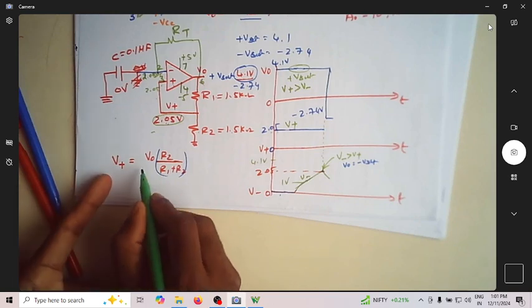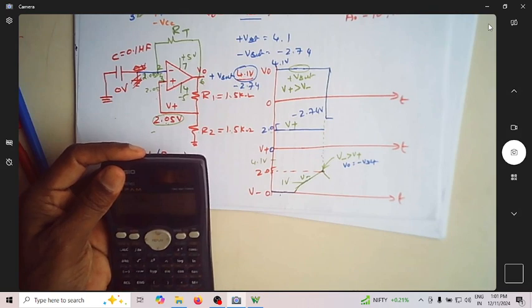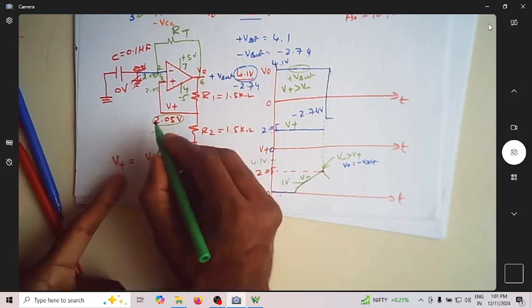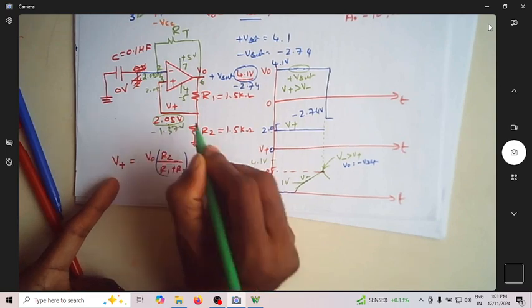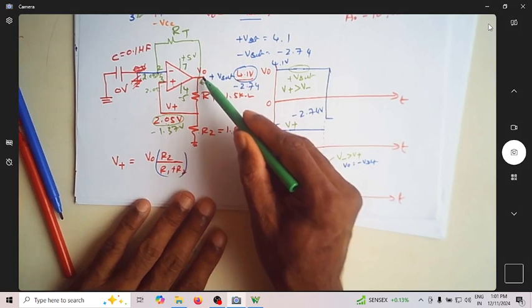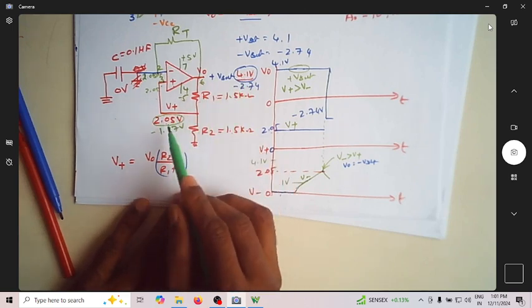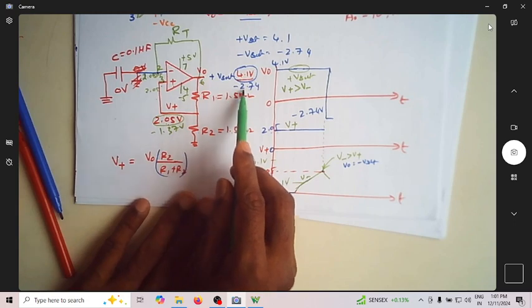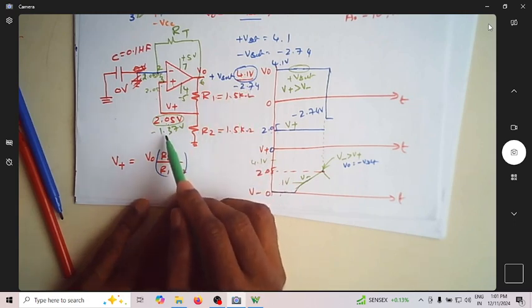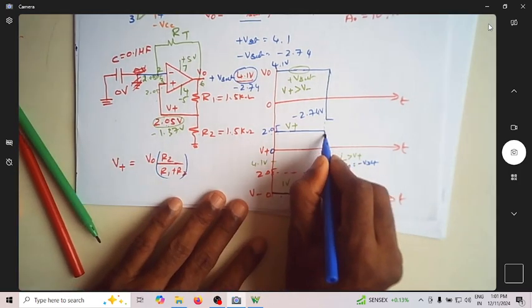V plus is now equal to minus 1.37. The moment the output voltage changes from plus V sat to minus V sat, the voltage here, which was at 2.05 because this was 4.1, will now become half of minus 2.74, which is minus 1.37. You can see this automatically comes down.